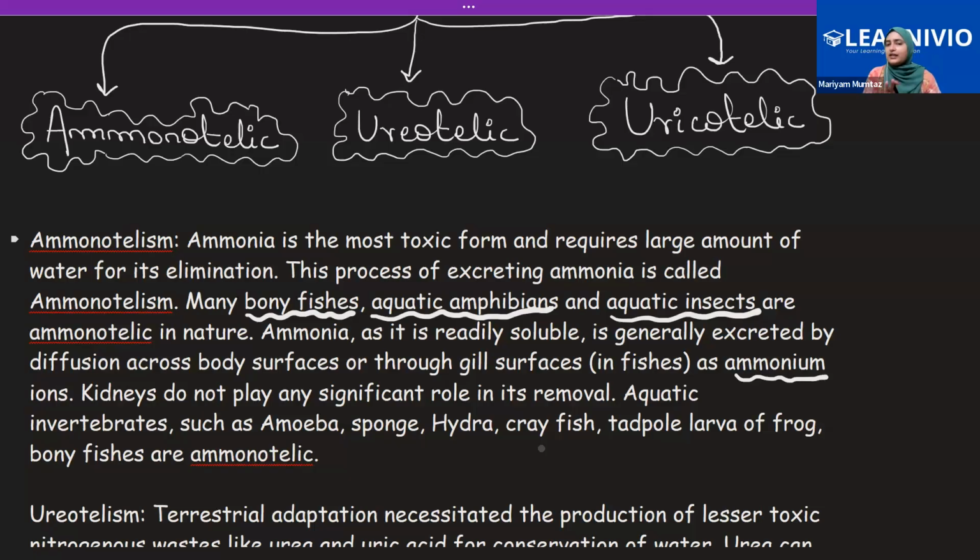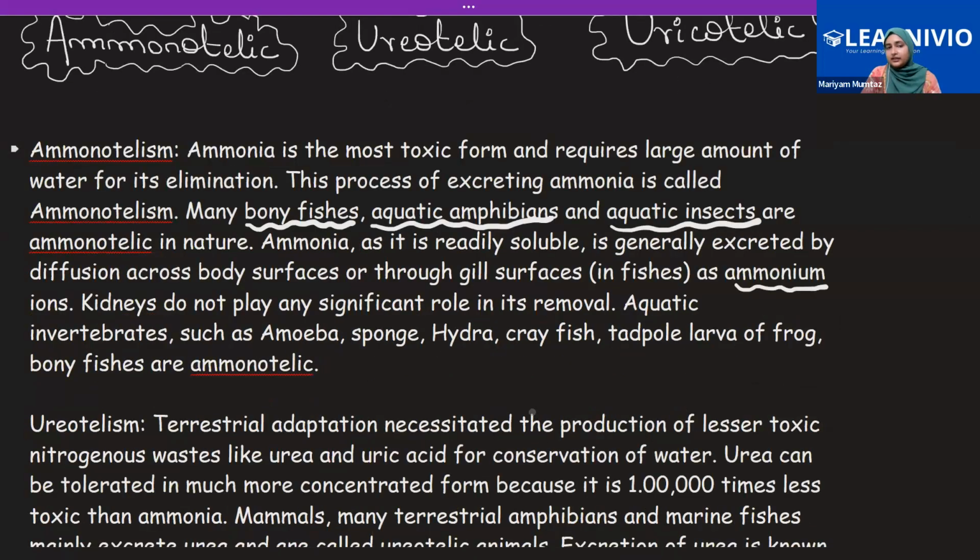Here, kidneys do not play any role in their removal. Aquatic invertebrates, meaning the lower organisms such as the amoeba, the sponges like the porifera, hydra, crayfish, tadpole of the frog, these are all ammoniotelic. So always remember, ammonotelism is found in those organisms that are predominantly aquatic in their habitat. Is it clear?